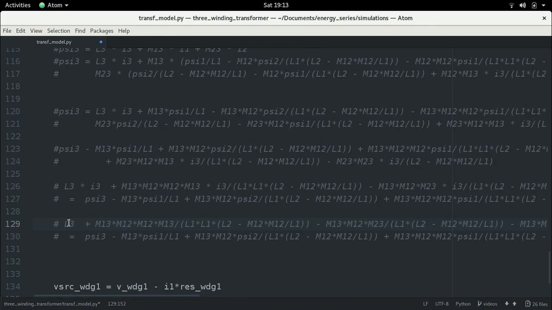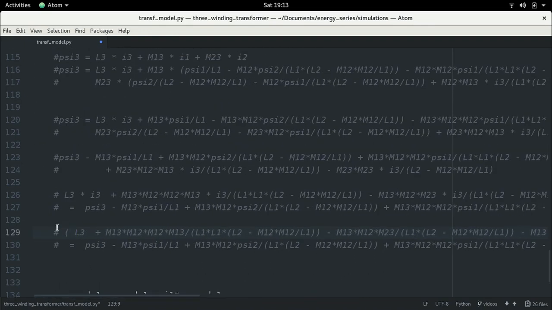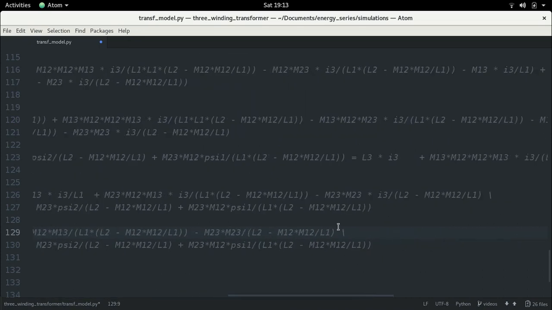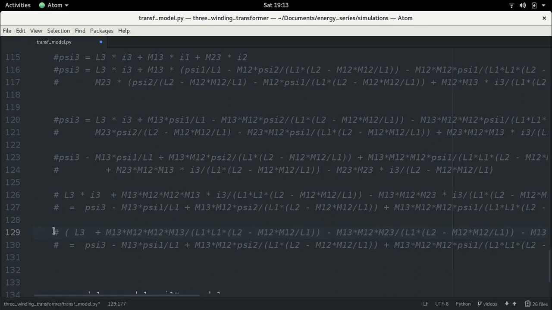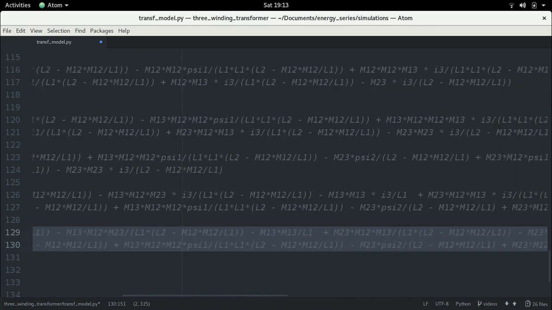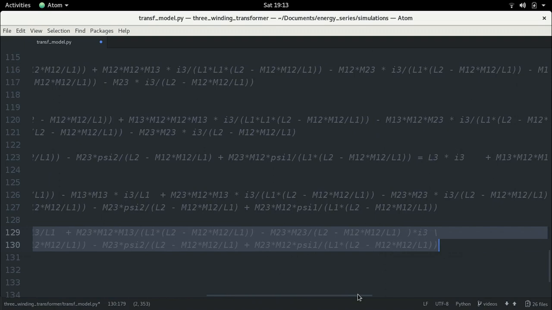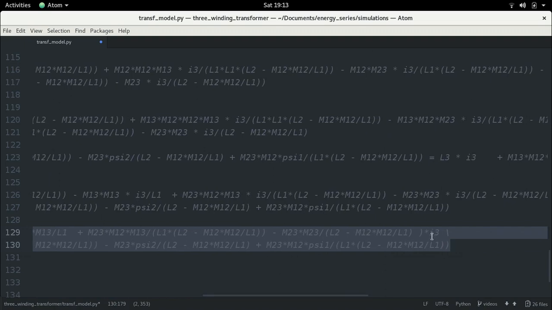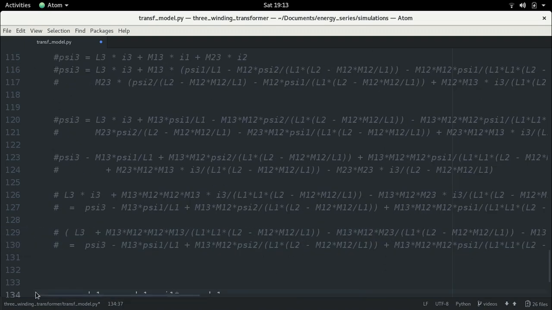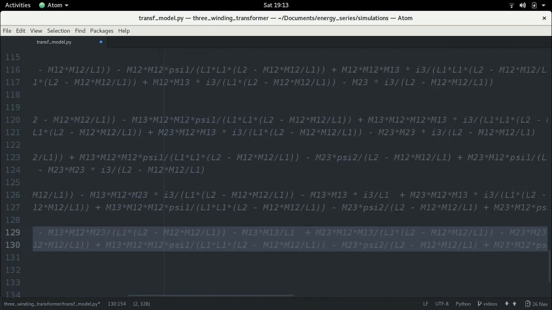All I have to do is open parenthesis, close parenthesis, multiply this entire thing by I3. And as always, one last step is I just have to, I'm not even sure if I want to write it. All I have to do is say I3 is equal to this right hand side term multiplied by this particular term, right? That's all I have to do. Well, I can just write it. What difference does it make?